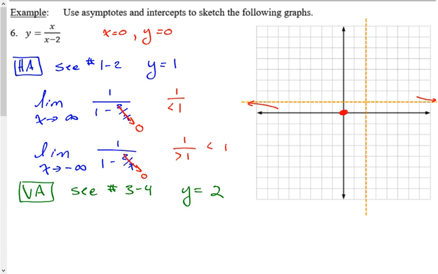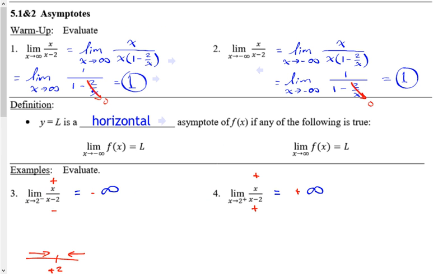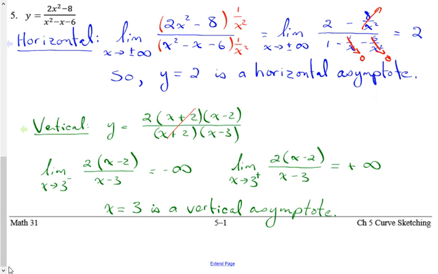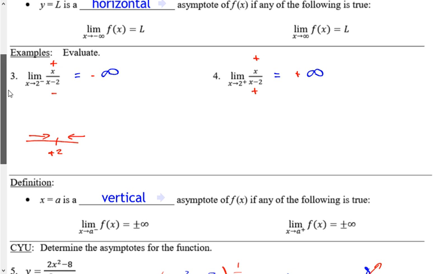And then I'm going to look back at this information and see, as I approached 2 from the left, I was approaching negative infinity.